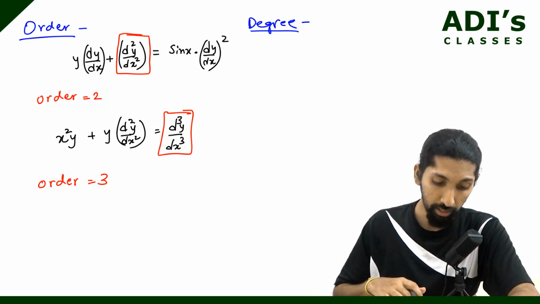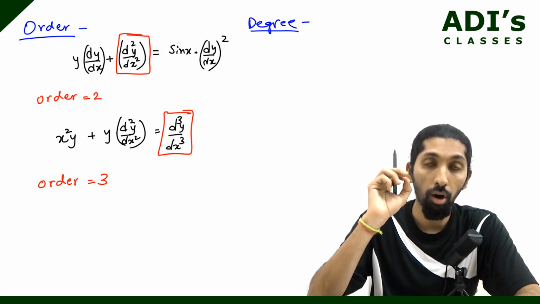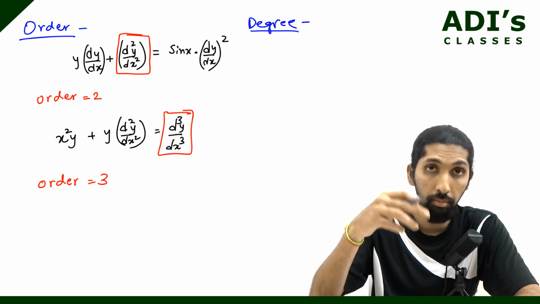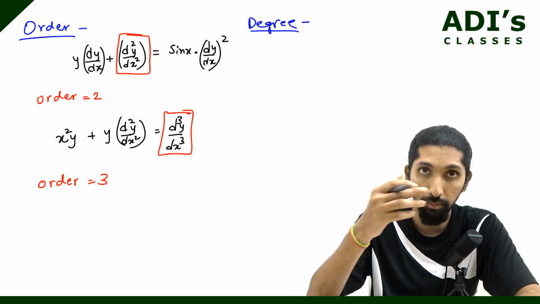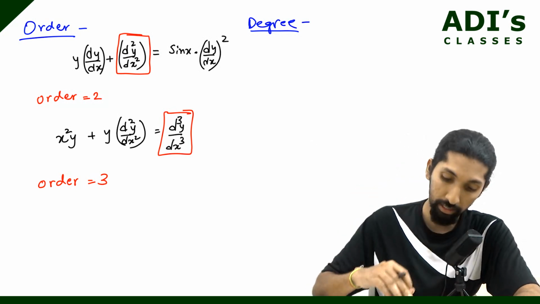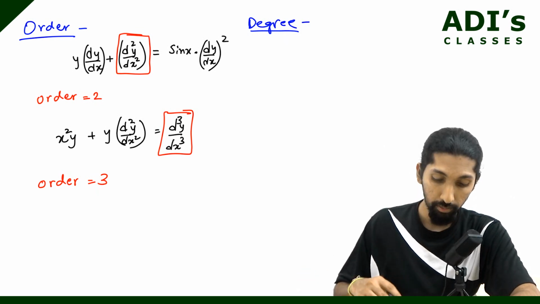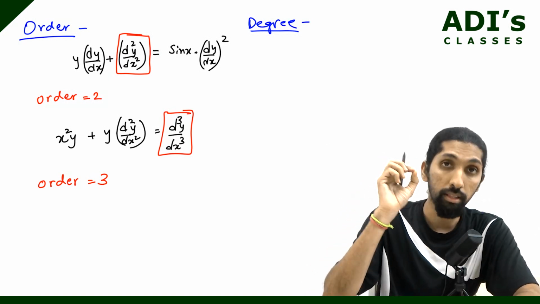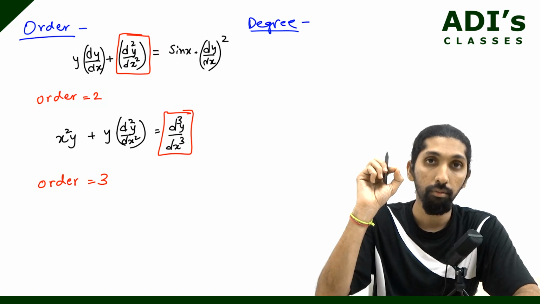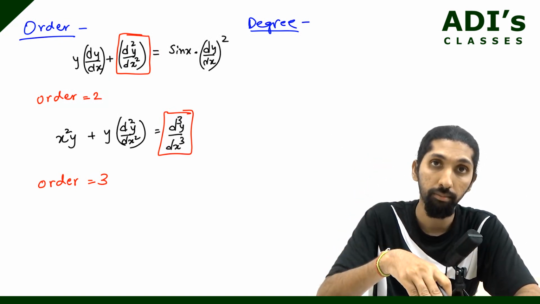Now, when it comes to degree, look at the first example. In the first one, the order is 2, correct? For that particular derivative, what is the maximum power? That is what we are looking at.